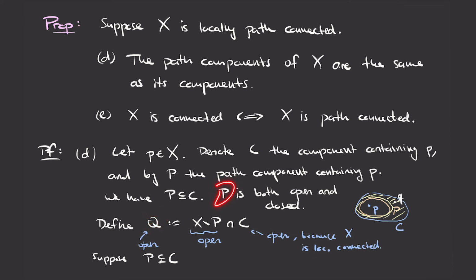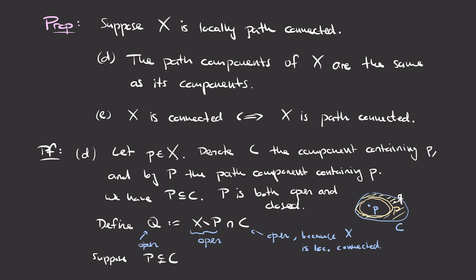Well, P is open and Q is open. Both of them are non-empty if we assume that P is properly contained within C, since P contains the point small p and Q contains the point small q. And finally, they're disjoint because Q is the intersection of the complement of P with something, and so it can't share any points in common with P.